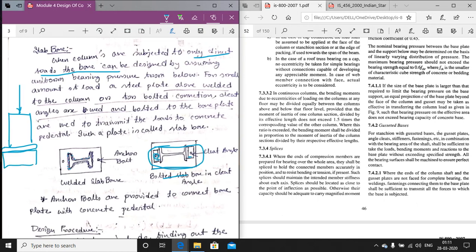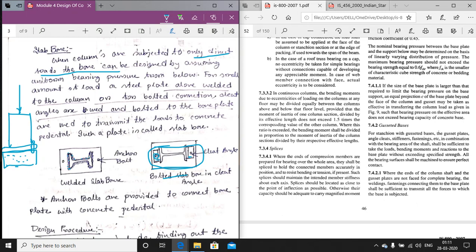This is the concrete. For the proper connection of this base plate, a foundation bolt or the anchor bolt is provided, so that the base plate and the concrete member become a monolith, a single unit, for the proper distribution of the load.